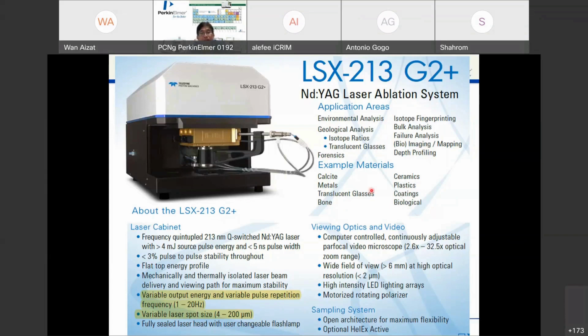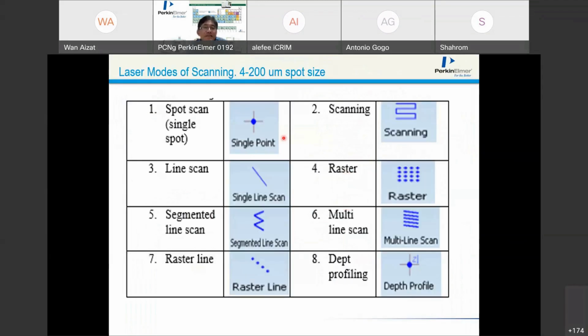So all kinds of samples can be done: plastic, coating, biological samples, bone, everything. No sample prep, just direct shooting. For the sample spot, we can do a single spot or scanning. It has a CCD camera to choose which spot we want to shoot on the sample. It has line scanning, raster, segmented, multiple, meaning line scanning, raster, or depth.